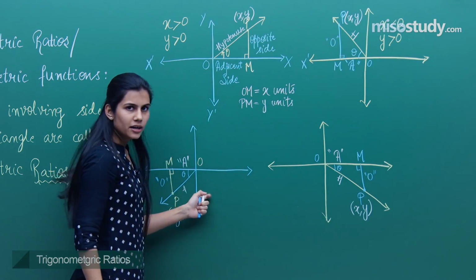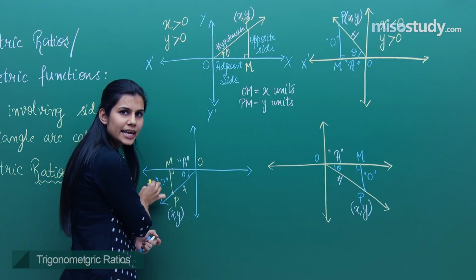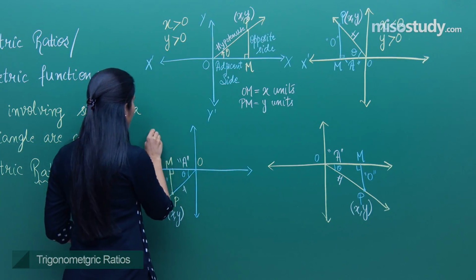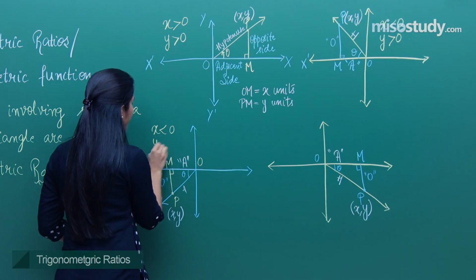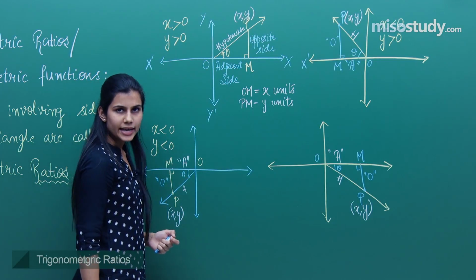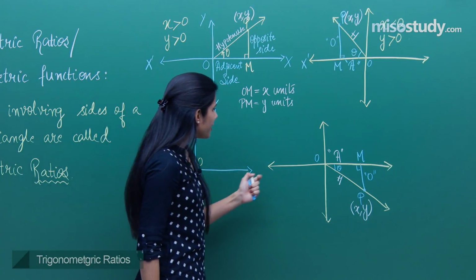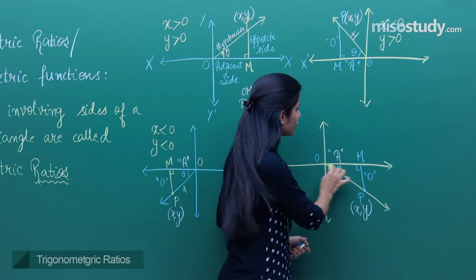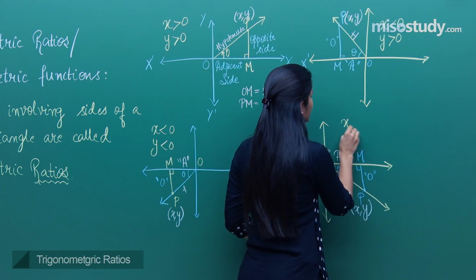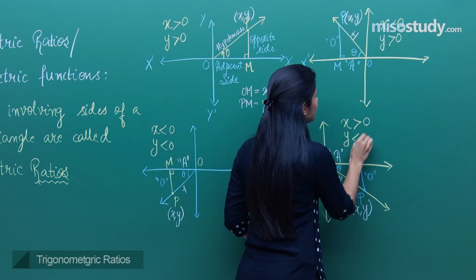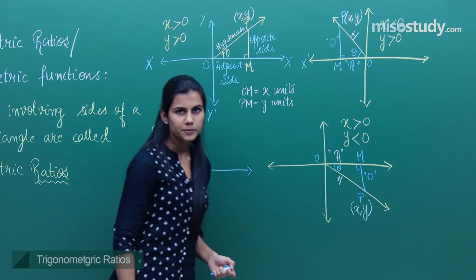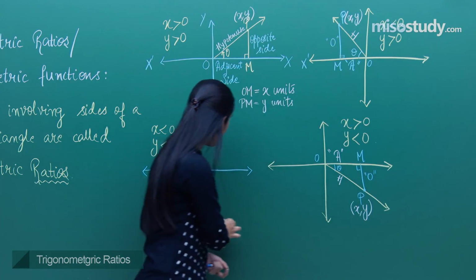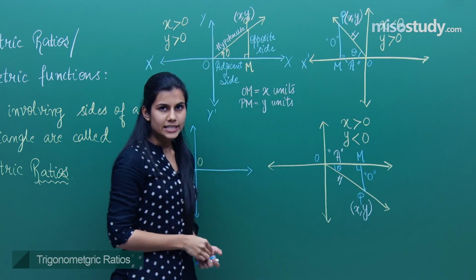If you come up here, your x becomes negative, your y also becomes negative. Whereas over here, your y becomes negative and your x is positive. So x is positive and y is negative. This is the difference in x and y in all the four cases.